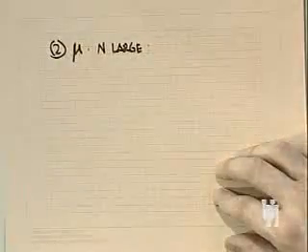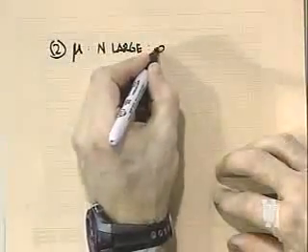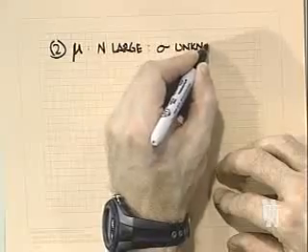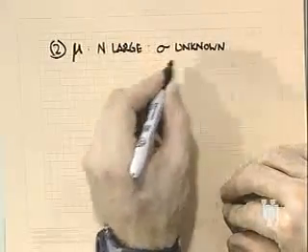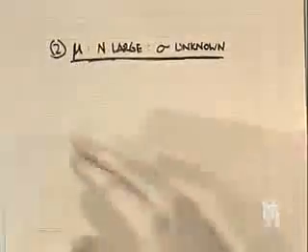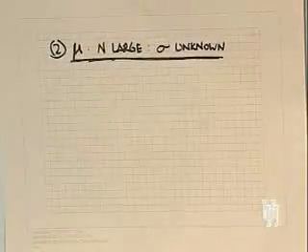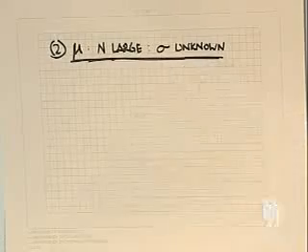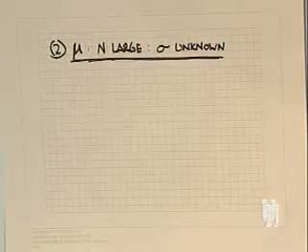But in contrast to the first situation, sigma is unknown. The only difference between situation 1 and situation 2 is that in situation 1 sigma was known, and in situation 2 sigma was unknown.